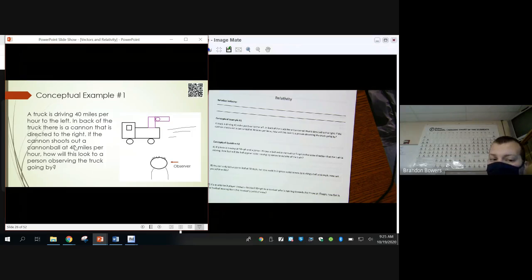If a cannon shoots out a cannonball at 40 miles per hour, how will this look to the person observing the truck? If the truck's moving 40 miles per hour and the cannonball is also 40, what you got? 0. The cannonball should just be stopped. Oh, yeah, you are correct.